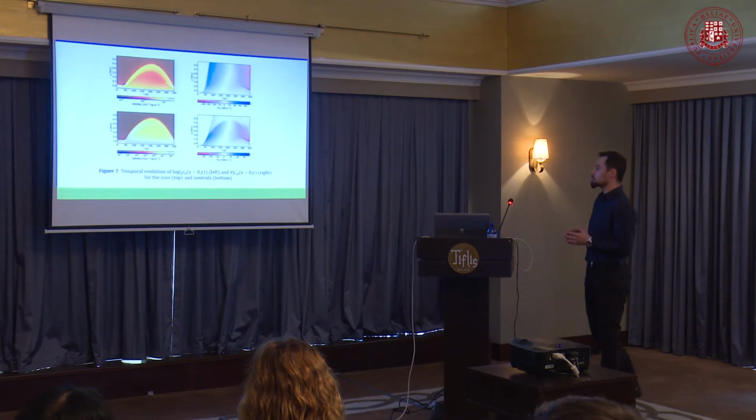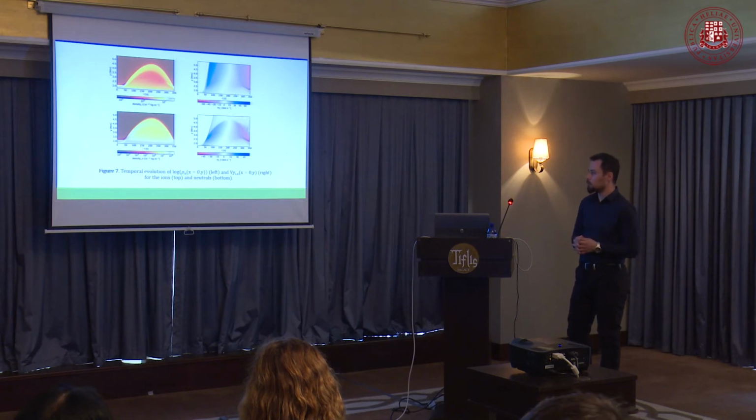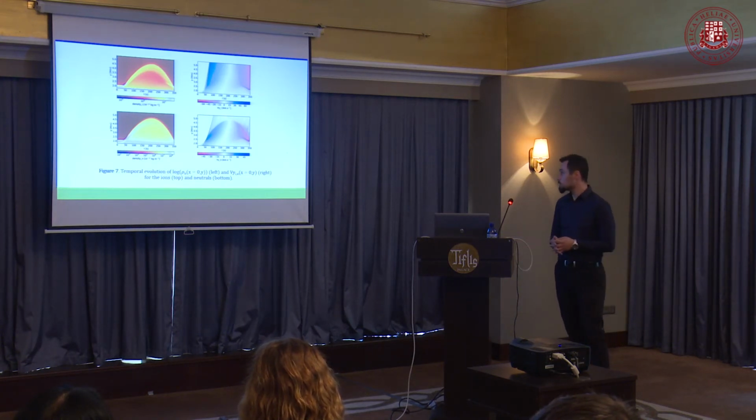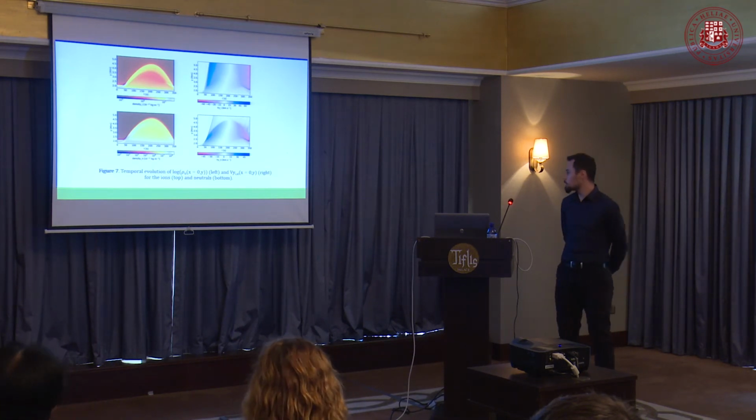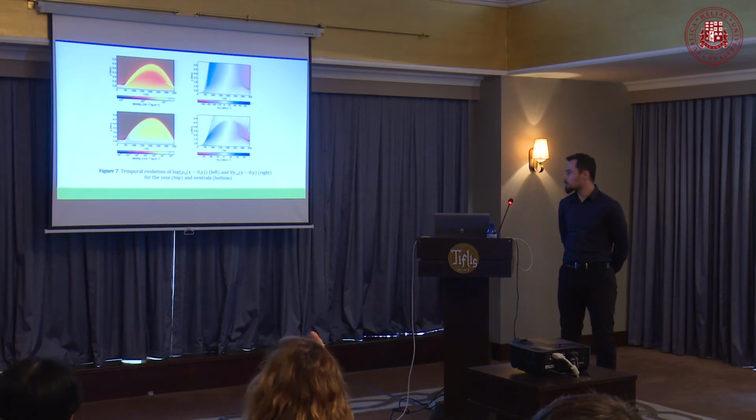Okay, and here we can see the temporal evolution of density. Top left is density of ions, bottom left is density of neutrals, top right is velocities of ions, and bottom right is velocities of neutrals.